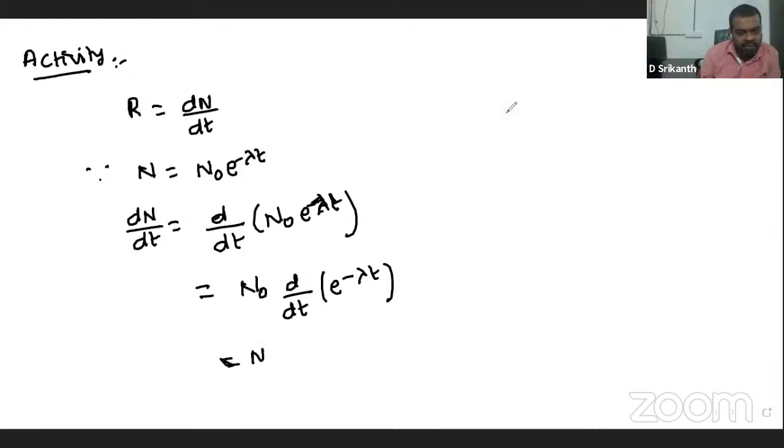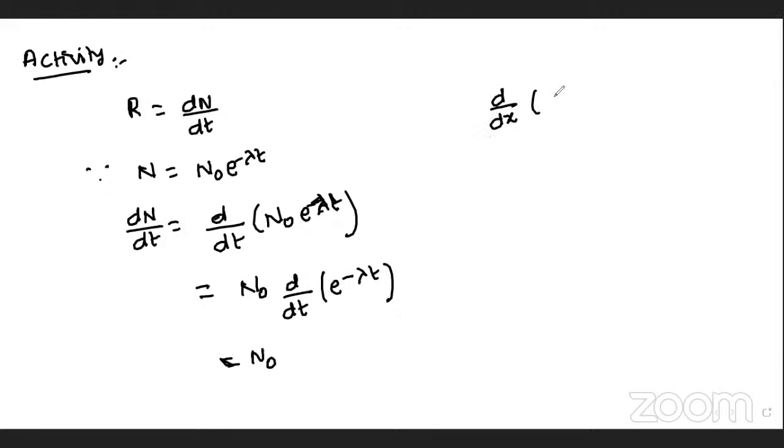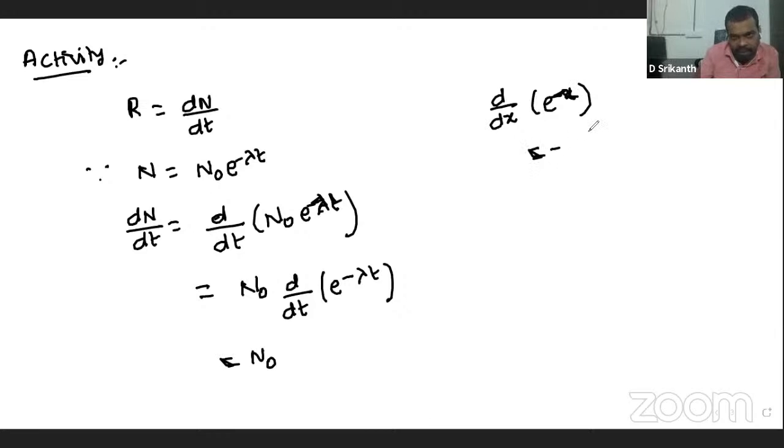What is the value of d by dx of e power minus x? It is minus e power minus x.